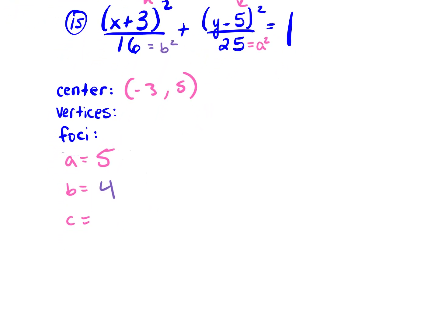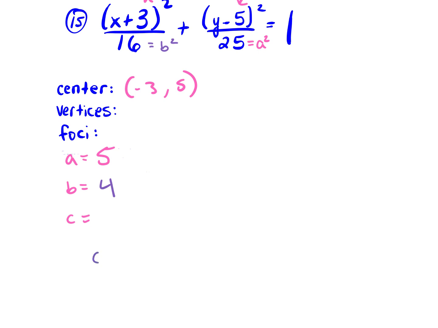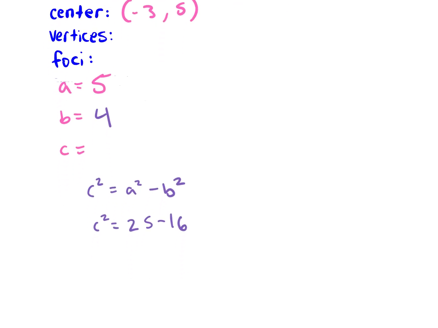And then how do I find C? 25 minus 16. So C squared is equal to A squared minus B squared. So C squared will be 25 minus 16, which is 9. So C squared is 9, so what is C? 3.